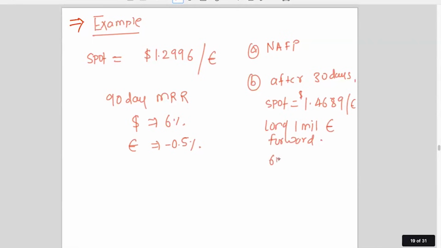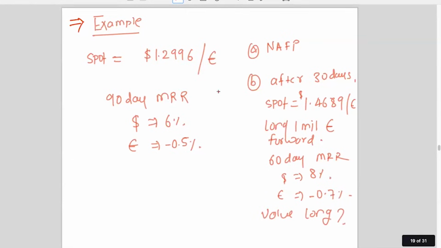Okay, and now the 60-day MRR is for dollar term 8%, and for euro minus 0.7%. Determine the value to the long position.